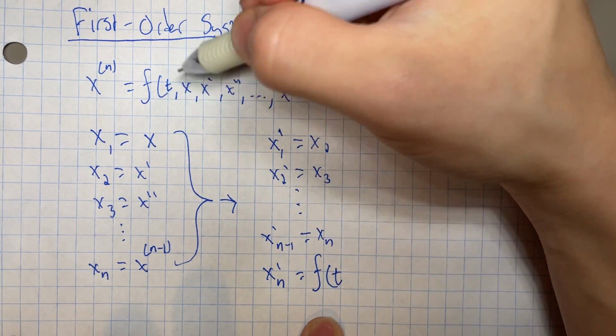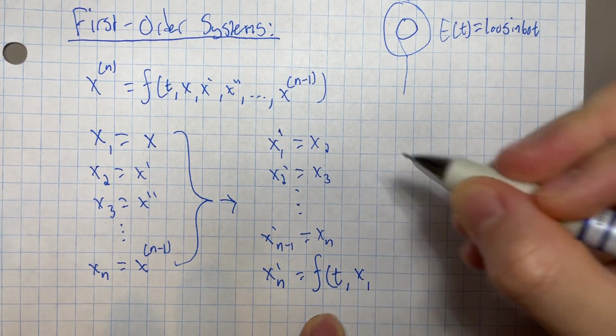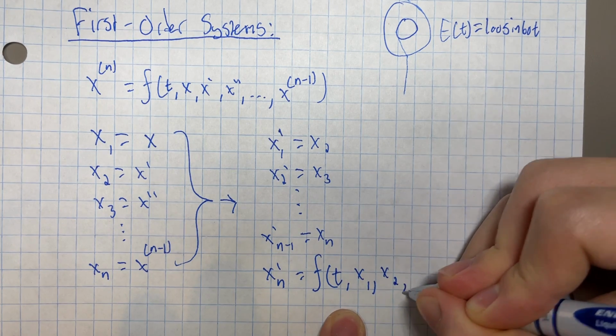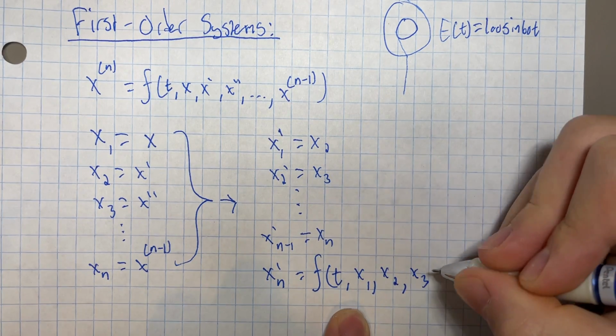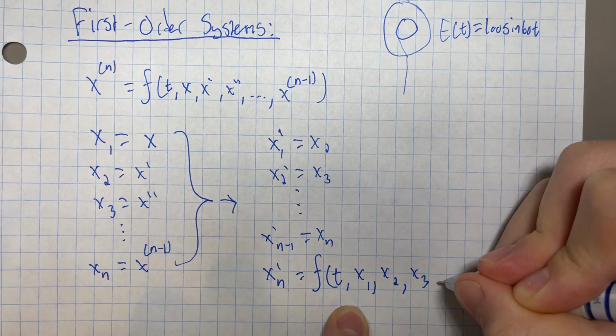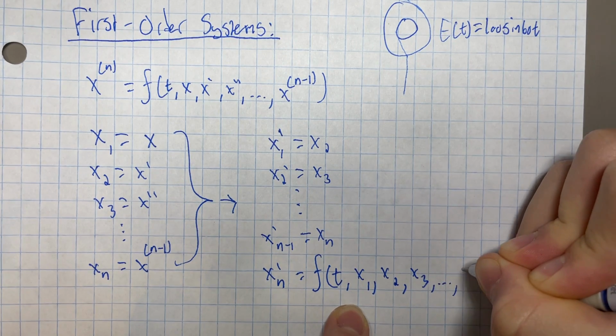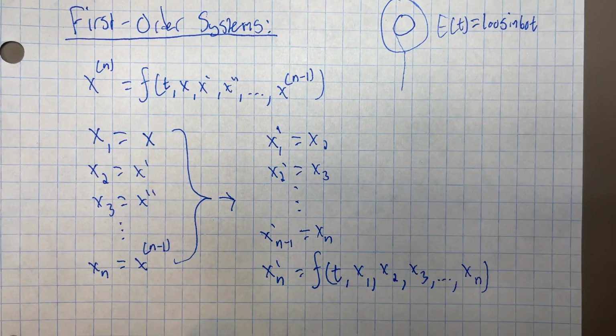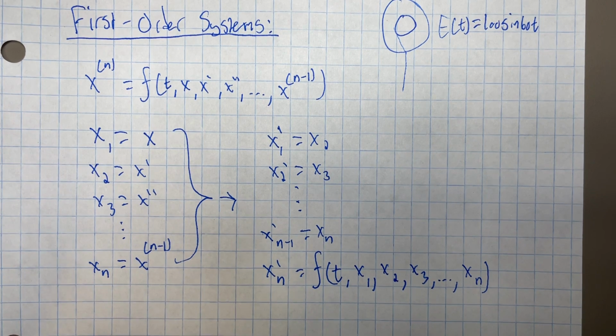So instead of having x, we're going to have x1. Instead of x prime, we're going to have x2, so on and so forth, until we hit x sub n. And this is the general process for how we're going to break up higher order differential equations into systems of first order differential equations.